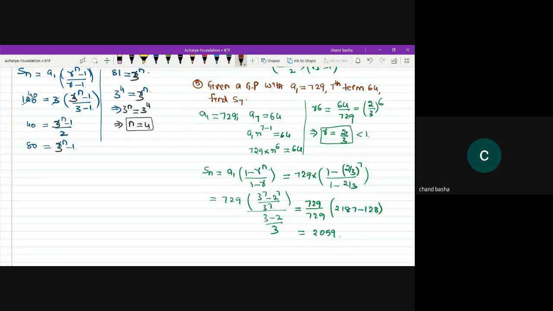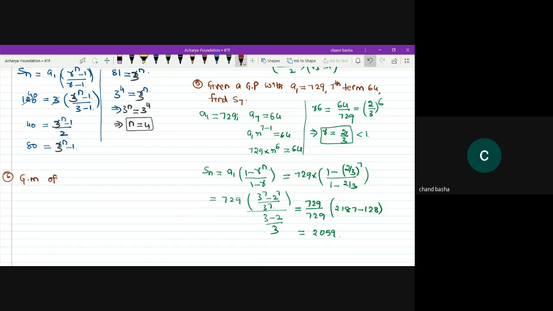Find the geometric mean. The middle term is equal to the product of the extremes.